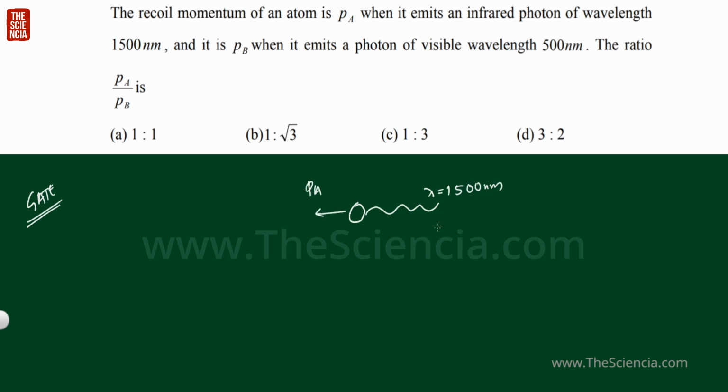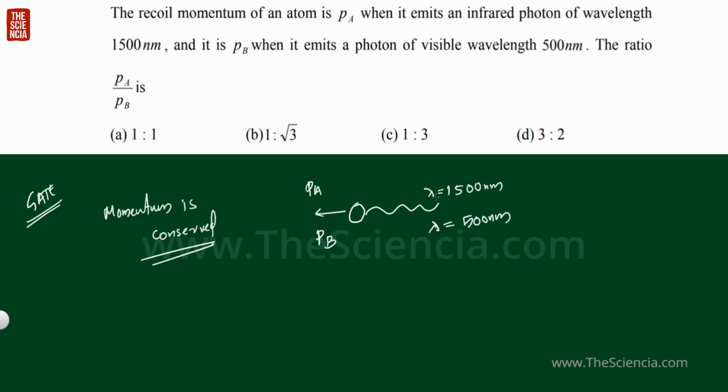And when it emits another wavelength, lambda equal to 500 nanometer, it recoils with another momentum, PB. Here you should know one idea, that momentum is conserved, that is, the momentum of the emitted photon is equal to the recoil momentum of the atom.